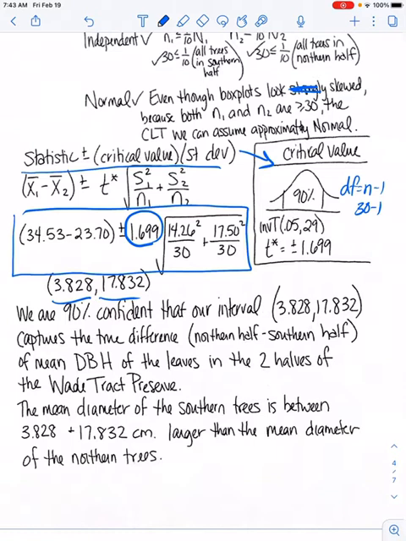So it's just saying, hey, since it's all positive, I'm 90% confident that the southern diameter of the trees is going to be larger than the diameter of the northern trees by this much.